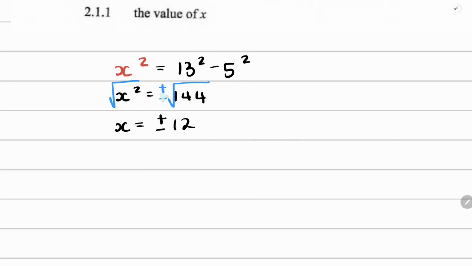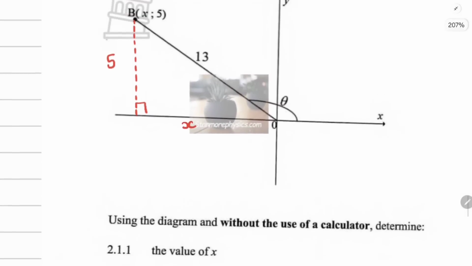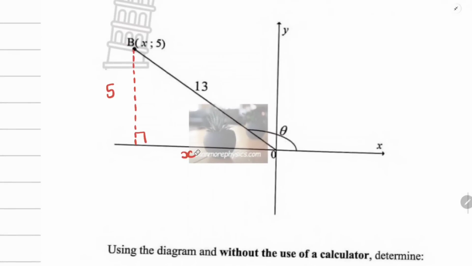Really, the equation is saying something squared is equal to 144. So positive 12 squared gives us 144, which it does, or negative 12 squared also gives us 144. That's why we include both. Now you have to decide whether it's going to be positive or negative, based on where x is on the Cartesian plane. Is it going to be positive or negative?